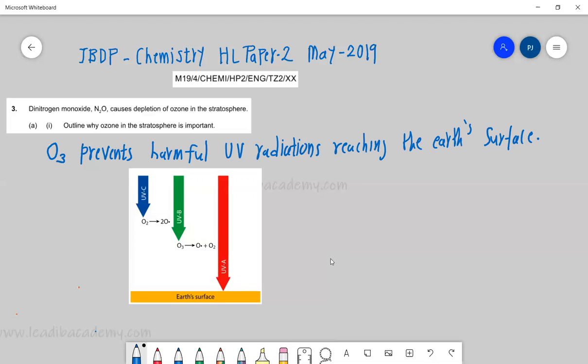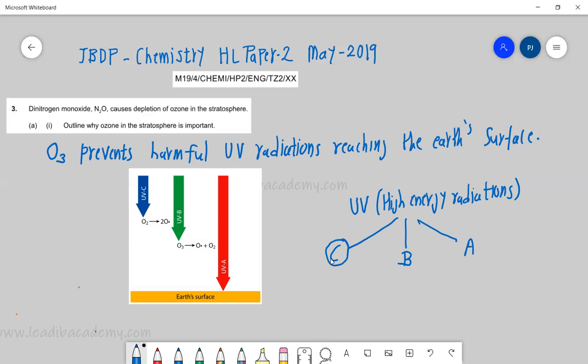Now let's understand that UV, the ultraviolet, means high energy electromagnetic radiations. In that, there are three categories: ultraviolet C, B, and A. Now, the highest energy is in ultraviolet C. Fortunately, the oxygen in the stratosphere takes care of this.